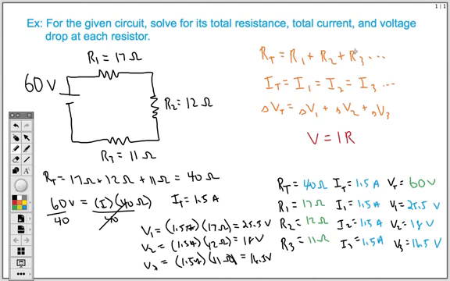For resistance, we add them all up to get the total resistance. For current, the current's the same at every point in the circuit, and we have to add up all of our voltage drops to get the total voltage. We use this in relation to Ohm's law to solve all of our missing values.